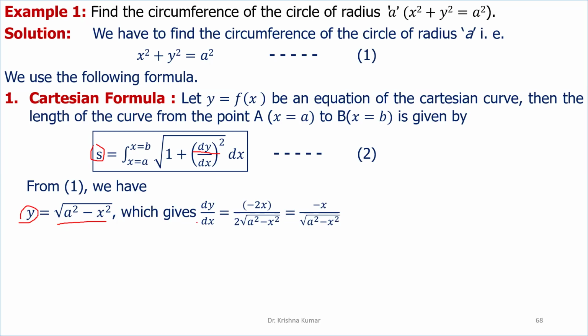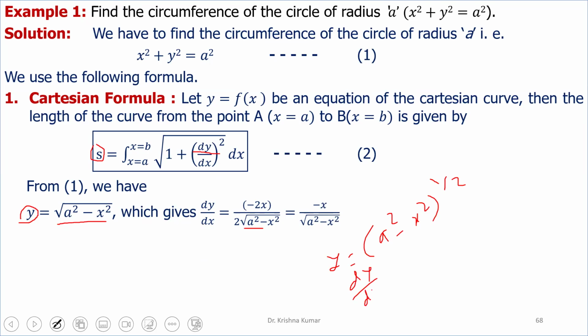So let us find the derivative of y with respect to x. dy/dx is equal to 1 upon 2 times (a square minus x square) to the power 1 upon 2 minus 1, and again the derivative of this part is 0 minus 2x.